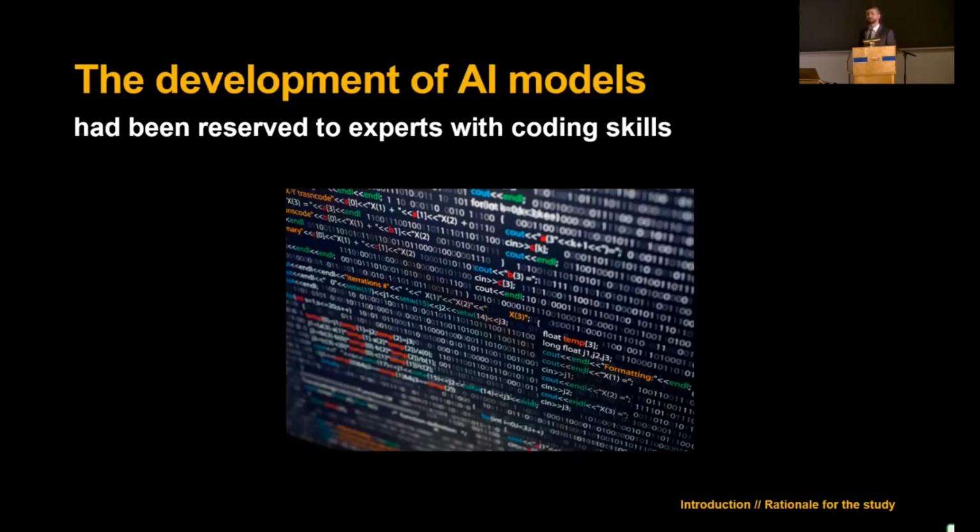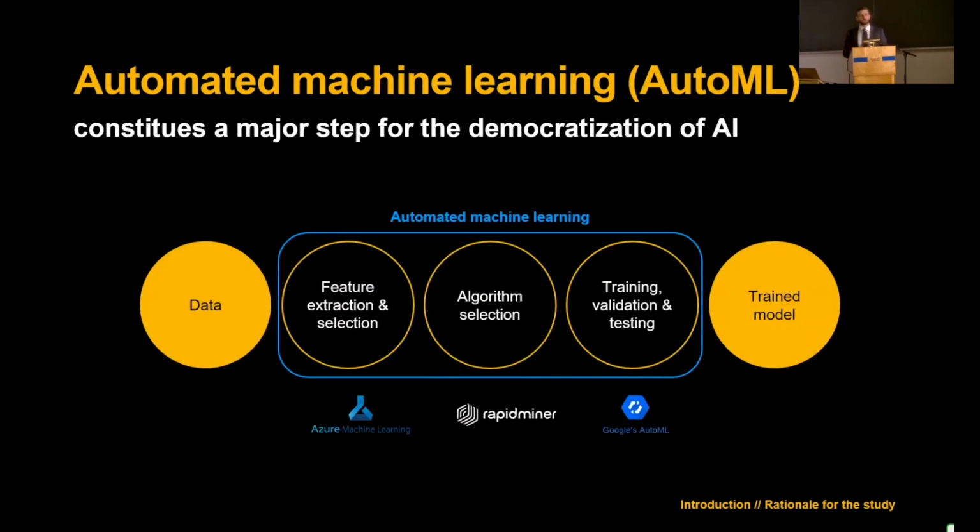Until recently, the development of AI models had been reserved to experts with coding skills, a skill that is out of reach of most clinicians and ophthalmologists. This is up until the rise of automated machine learning.